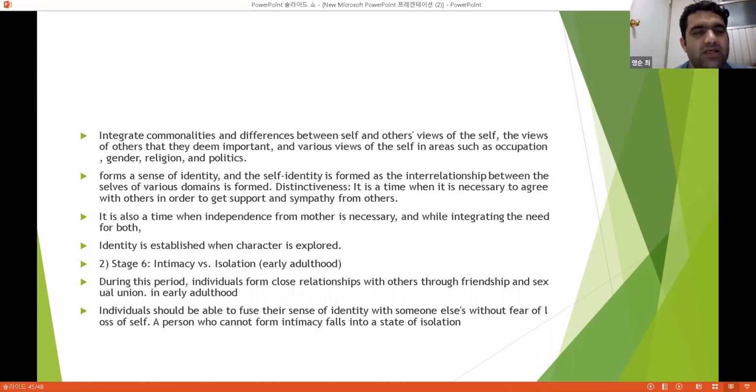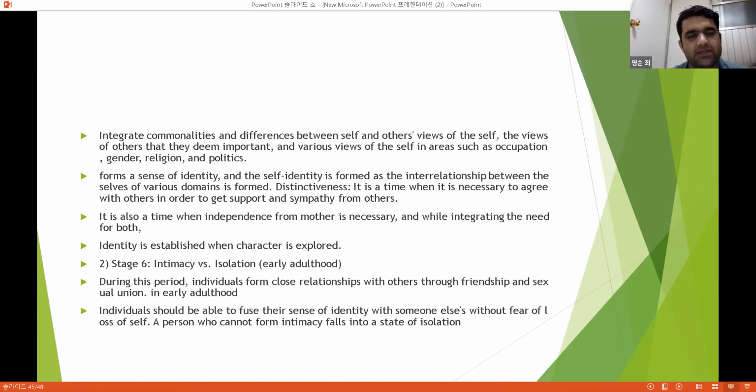This forms the sense of identity, and the self-identity is formed in this relationship between selves and various domains. It is the time when it is necessary to agree with others in order to get support or sympathy from others. And identity is established when the character is explored. So if it is explored, then identity is established.